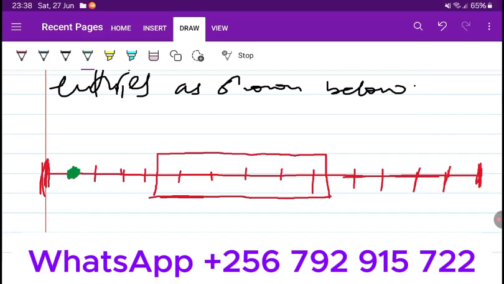Let's assume it is at the extreme end. Sorry about that. This is our minimum value, like the smallest value. And you find that the smallest value starts from here.